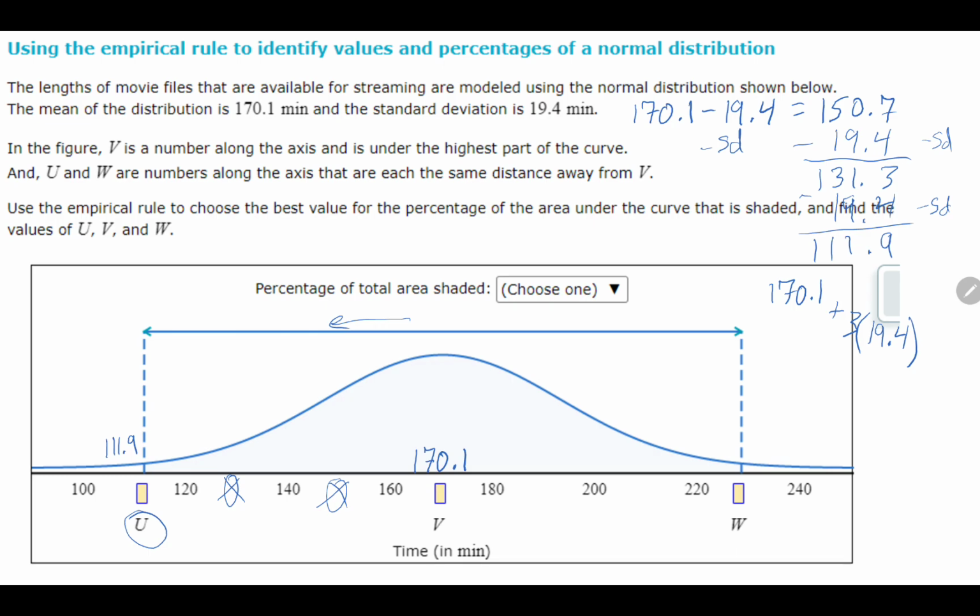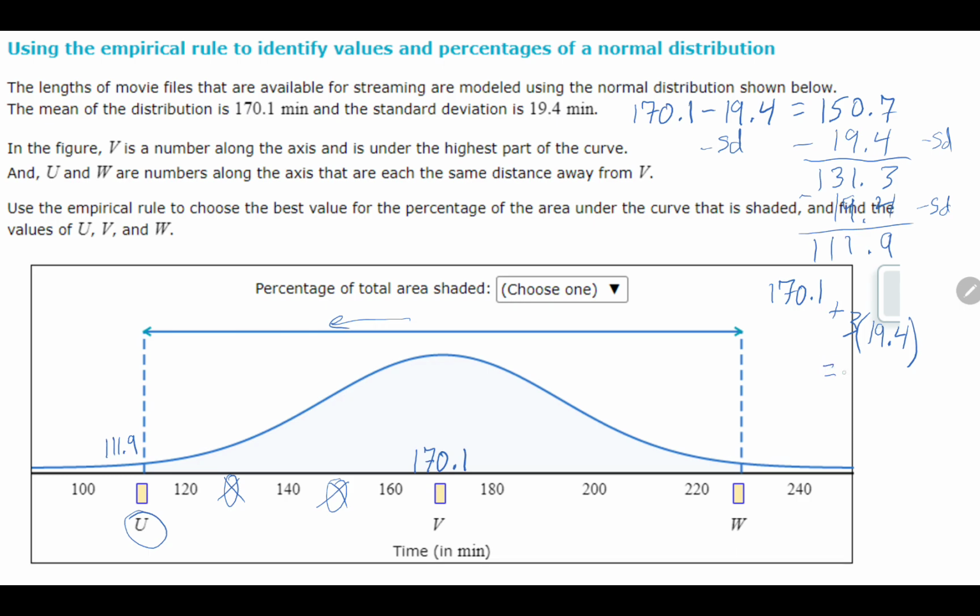And so this would be easier if I could show a calculator while doing this, but the idea is I'm going to use the calculator and just do 170.1 plus 3 times 19.4. And that's going to give me 228.3.